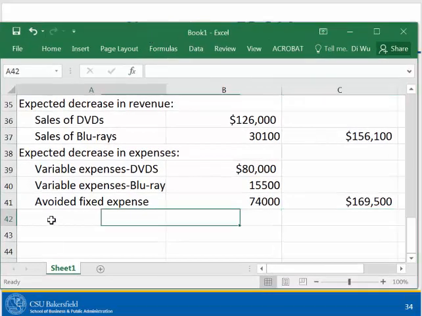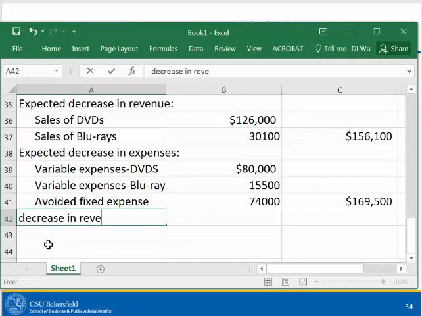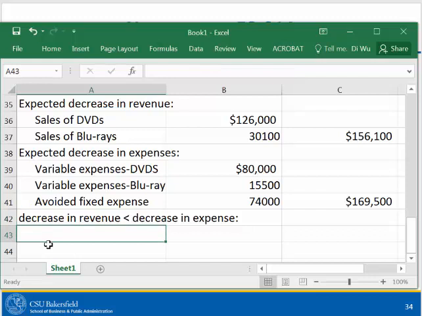Now what's happening here is that the decrease in revenue is actually less than the decrease in expenses. This is very different from parts 1 and 2, where the decrease in revenue was always bigger than the decrease in expenses. So yes, you lose sales, but you end up saving more in costs.